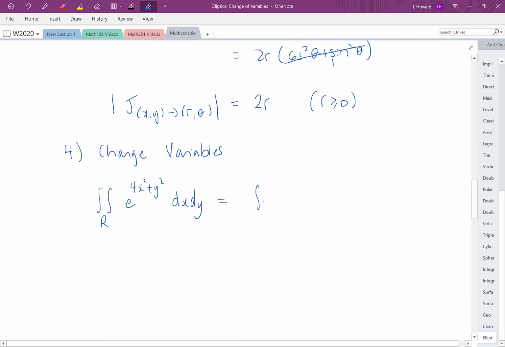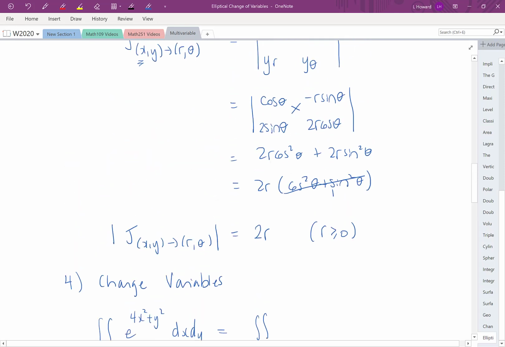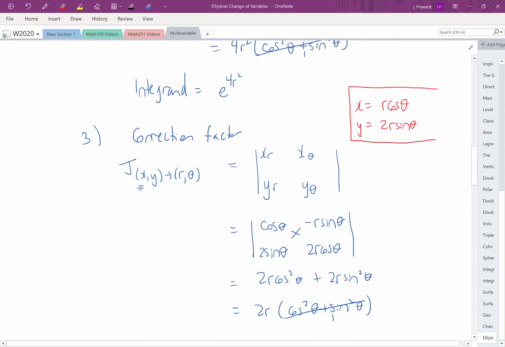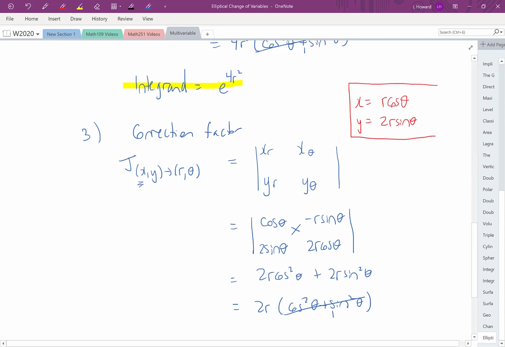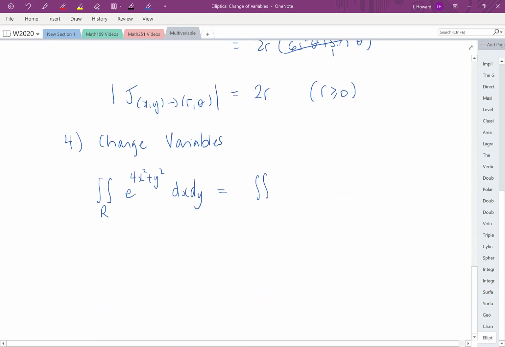Okay, so let's think about the three things that are required. So first of all, our integrand is going to change. We decided in step 2 that our new integrand was going to be e to the 4r squared. So let's get that on there.